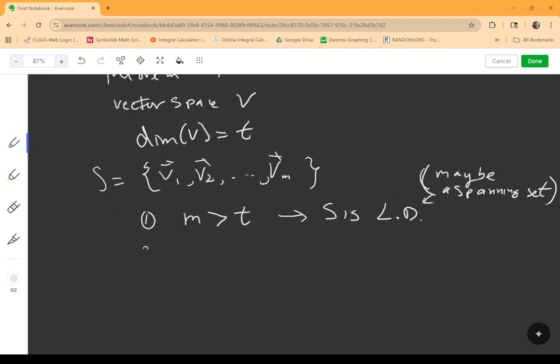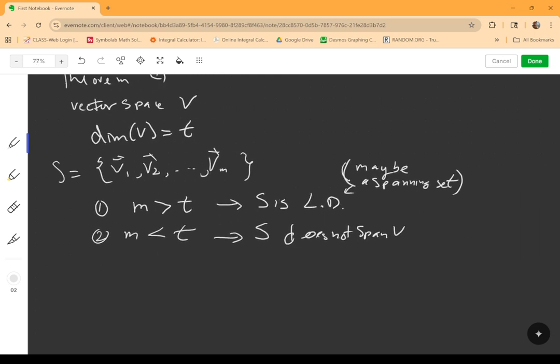All right, the second thing that could happen, M could be less than T, right? Now, in this case, if that is true, then S does not span V. But again, it might be linearly independent. I don't know, this doesn't tell me that.